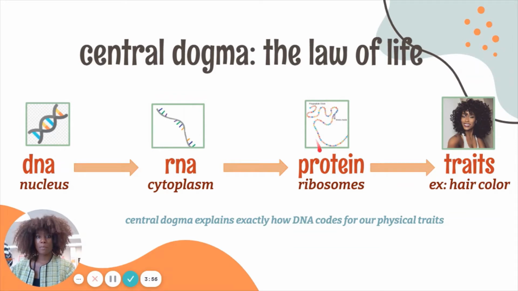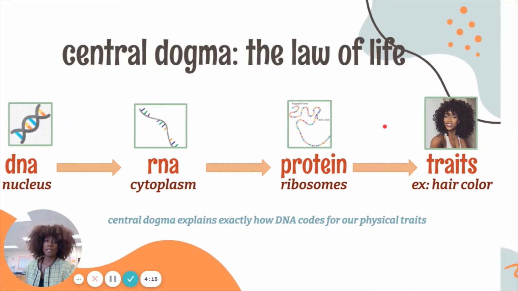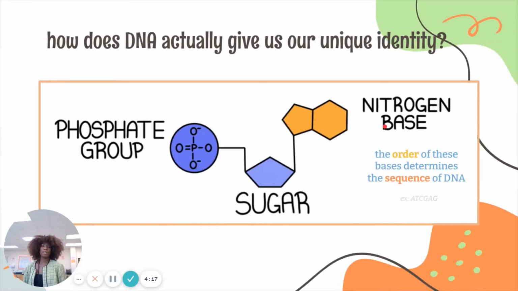So you can think of it kind of like a bracelet. Whenever you have a beaded bracelet, each individual bead works together to make the entire bracelet. Think of each individual bead as an amino acid, and the entire necklace or bracelet as the protein. And again, proteins give us our traits such as hair color, height, weight, so many different things.